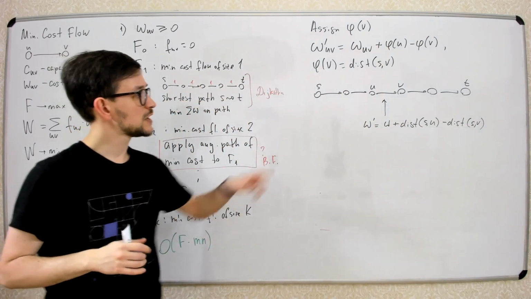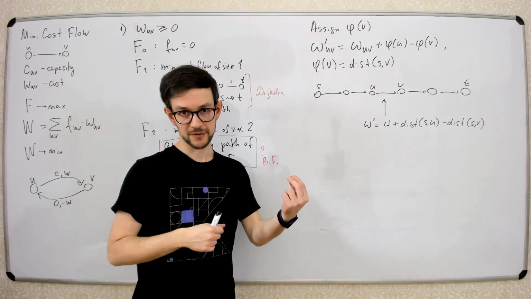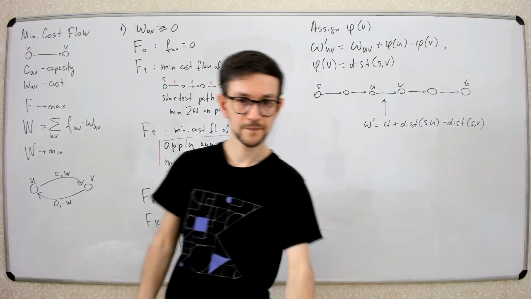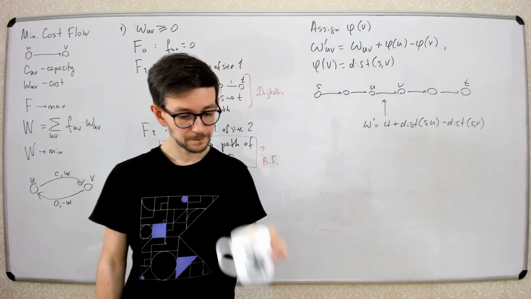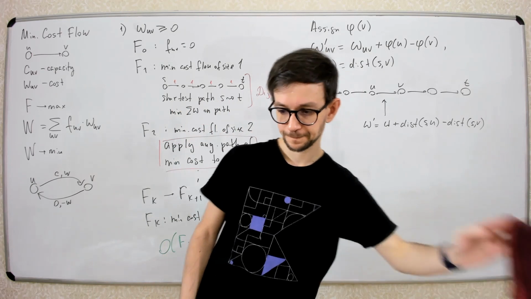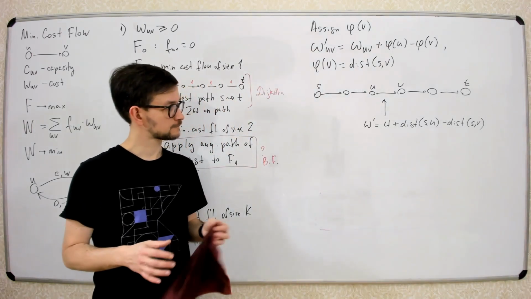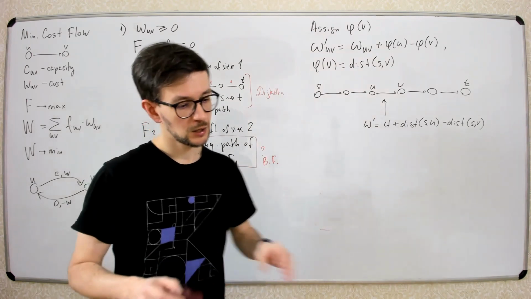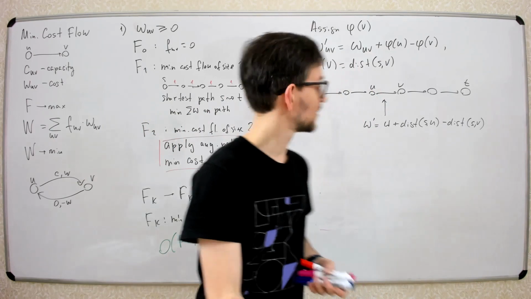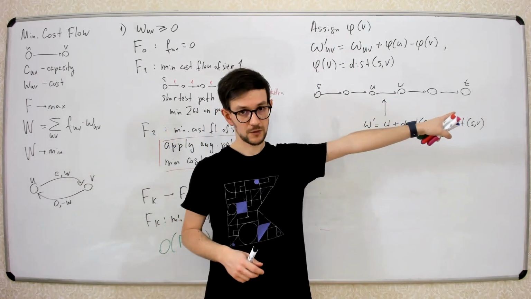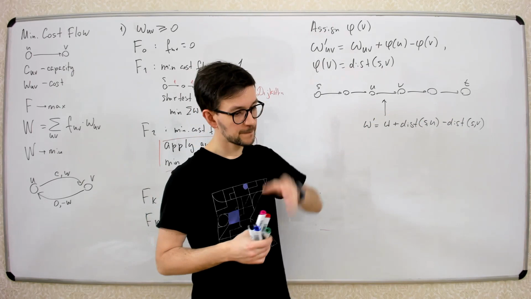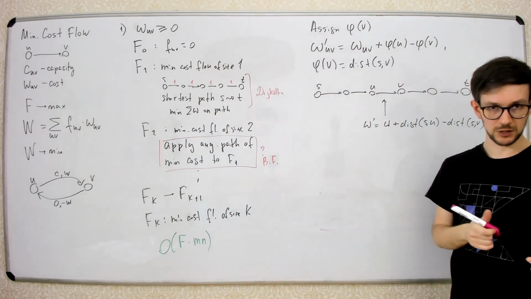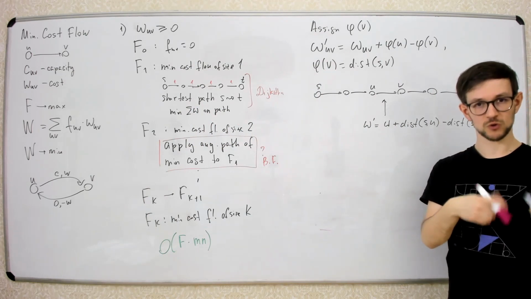What will it be? So if I take the shortest path, not some path, but shortest path, what is the cost of this edge? Okay, let's see. This is the shortest path. So this path from S to T is the shortest path from S to T. It means its prefix of this path is also the shortest path.